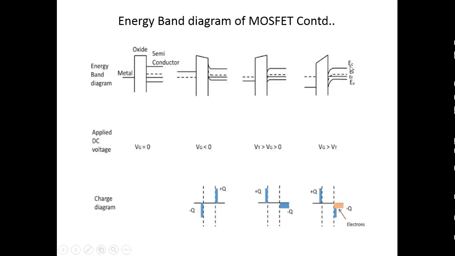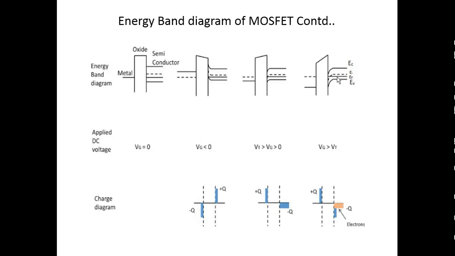So here the band structure bends down. When Vg is less than 0, it bends up. Here it is bending down, and you can see the gate voltage is greater than Vt. Under this condition, if you connect a drain to source voltage, that will send a drain current IDS, that is the drain to source current.